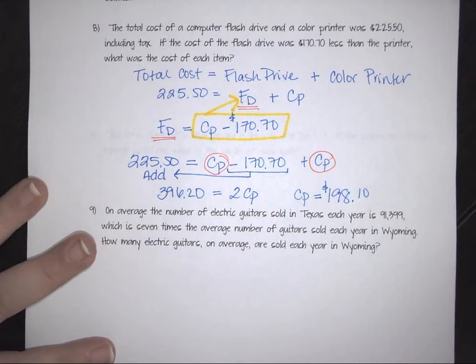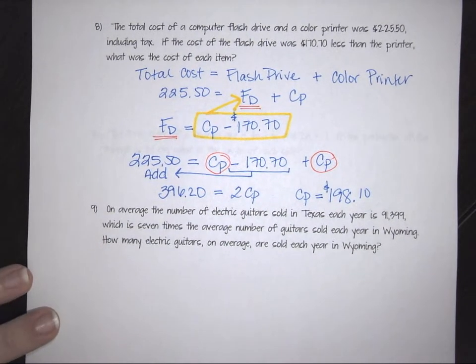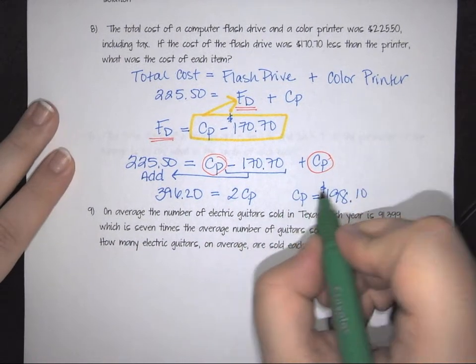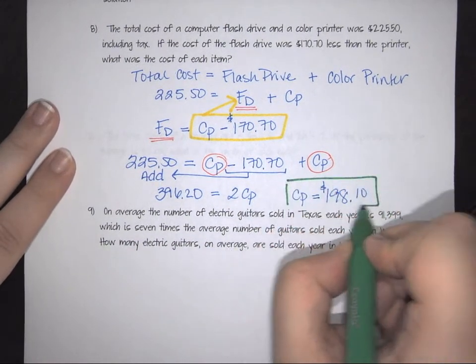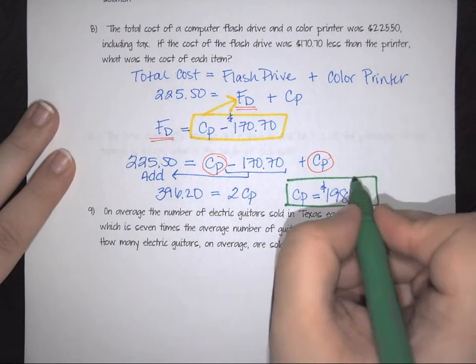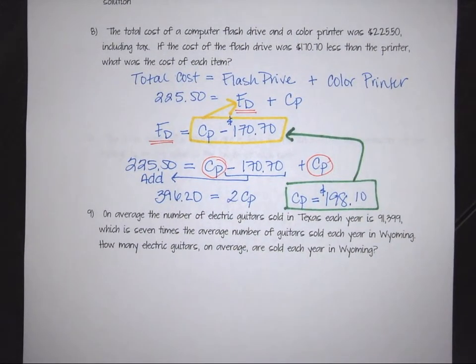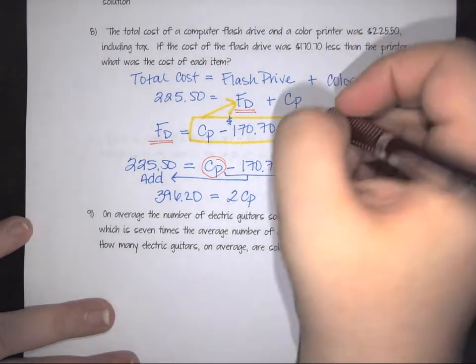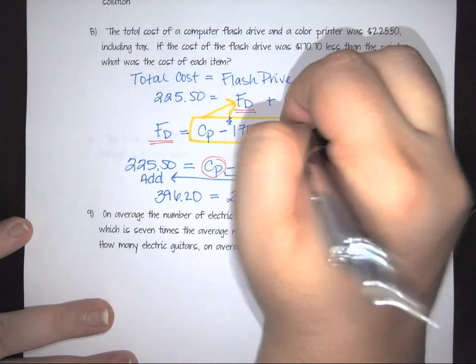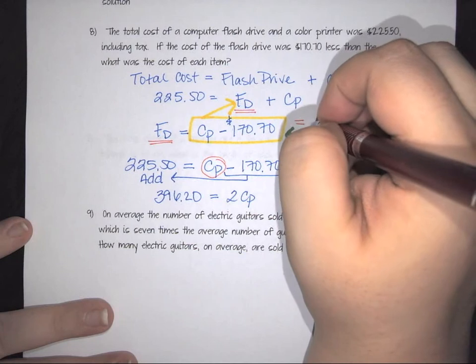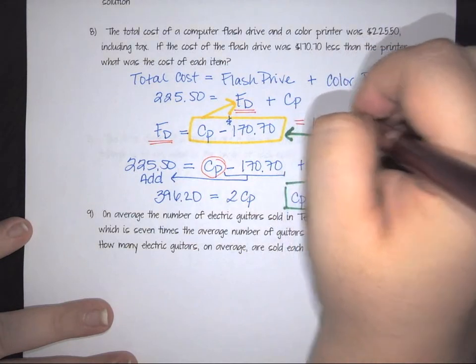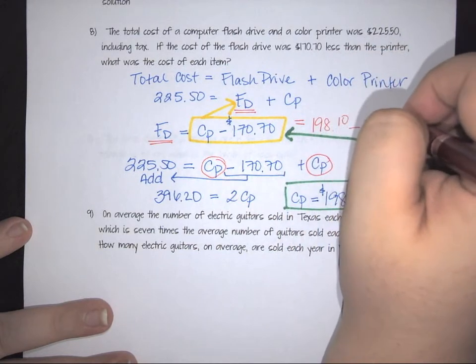Now, we now have found out what the color printer is, which means I can take this value here, and we can input it into my flash drive equation, and in doing so, find the cost of the flash drive. So when we do that, my flash drive here is going to end up equaling $198.10 minus $170.70.